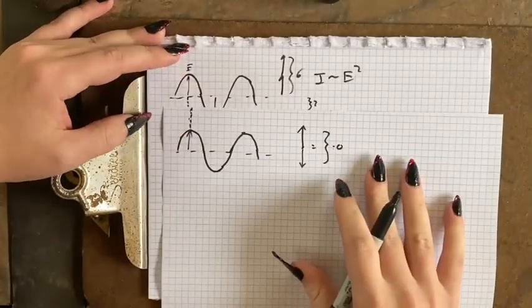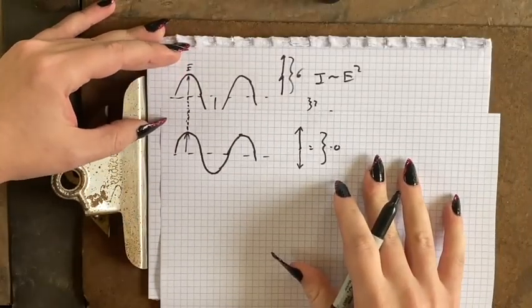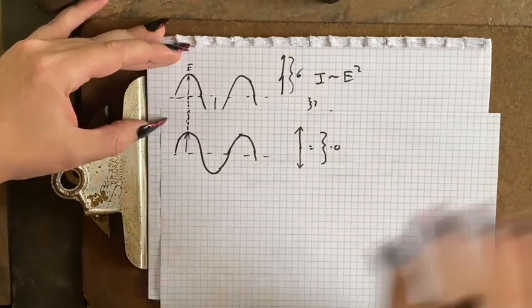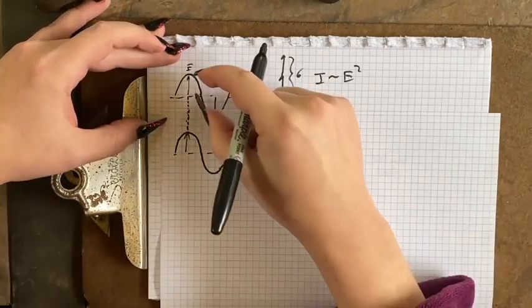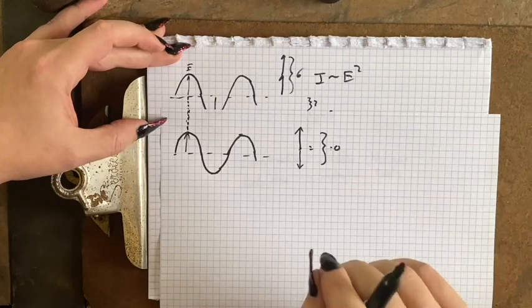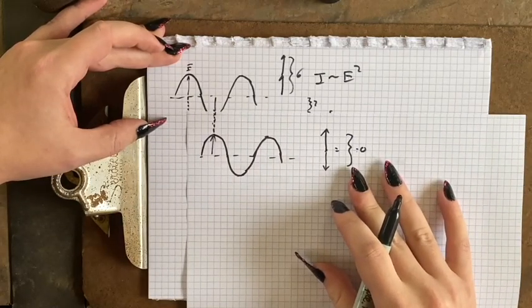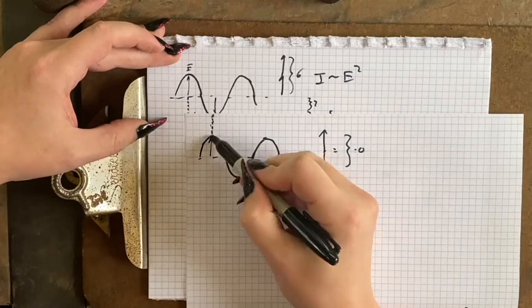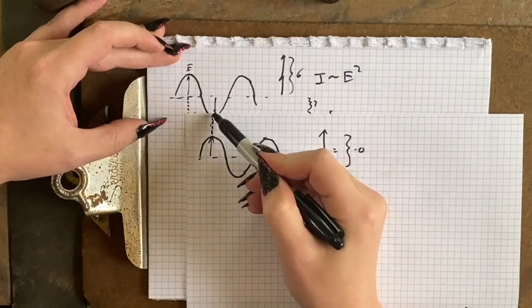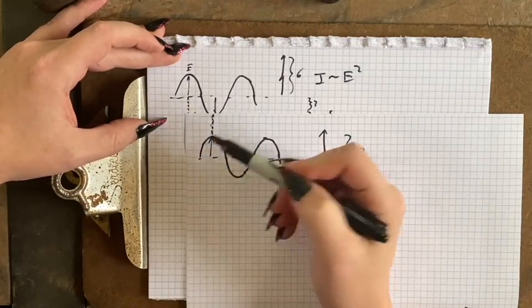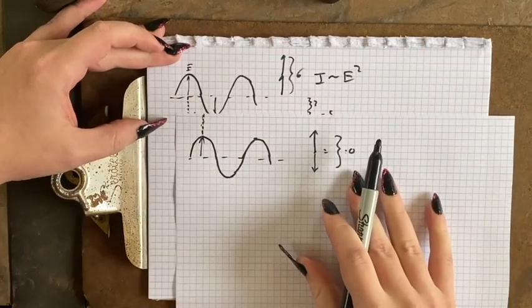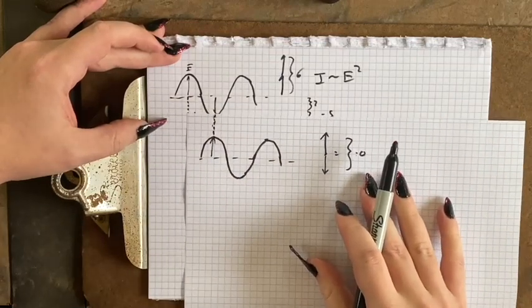So the two cases that are important to us: this one, fully constructive, is the absolute maximum case that we can get, where we're taking advantage of both of these being perfectly in phase. Fully destructive is this case, when the maximum up coincides with the maximum down. So these two would net result to 0. And everything in between is a little bit of one or the other.